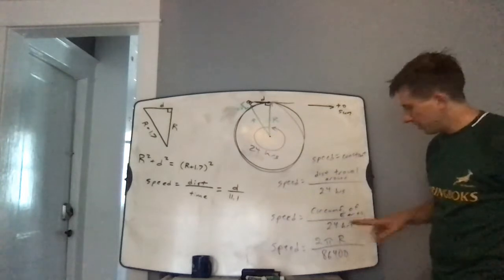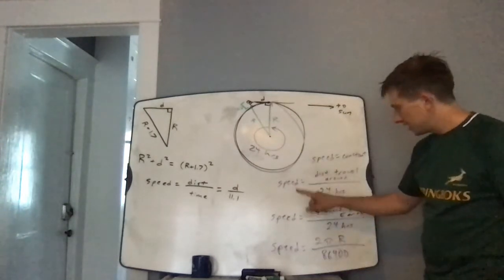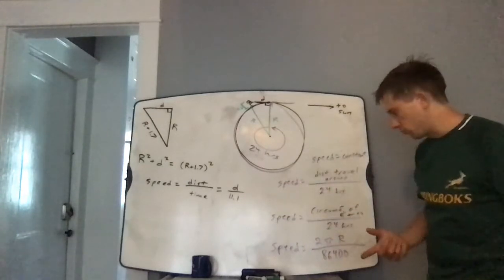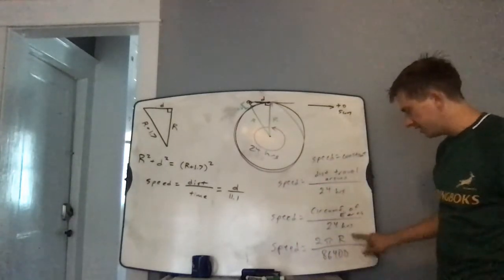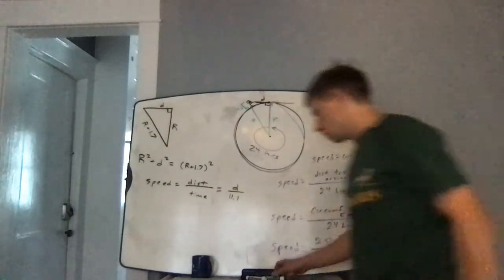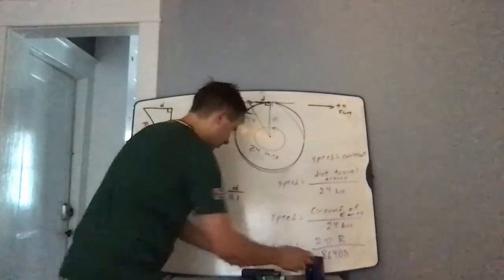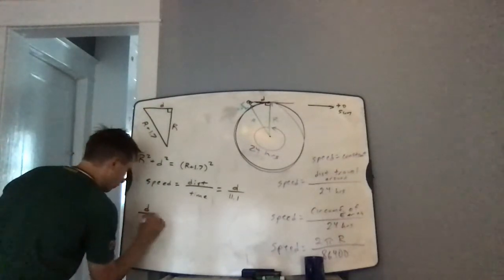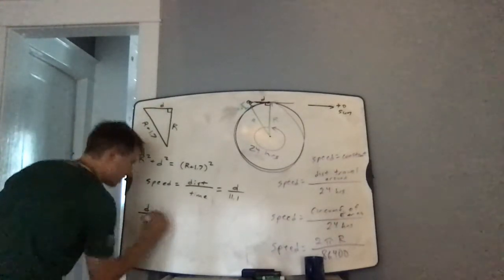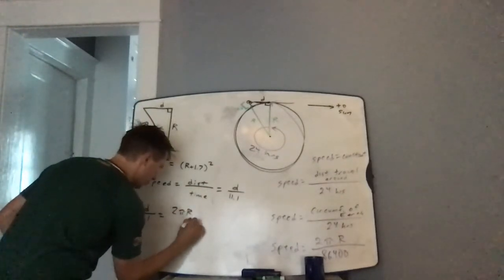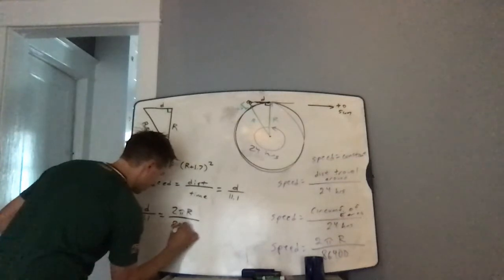Okay, let's compare. We said this speed of the Earth is going to be the same. The Earth doesn't change its speed as it rotates. So whatever this number is, this number has to be the same thing. So I could write this as d over 11.1 is equal to 2 pi r over 86,400.